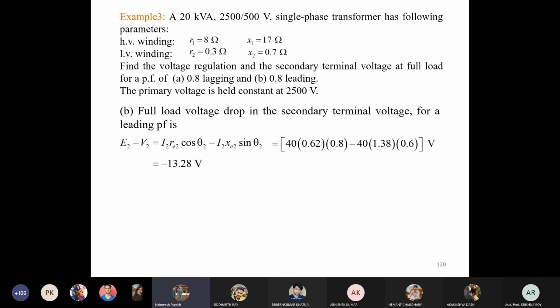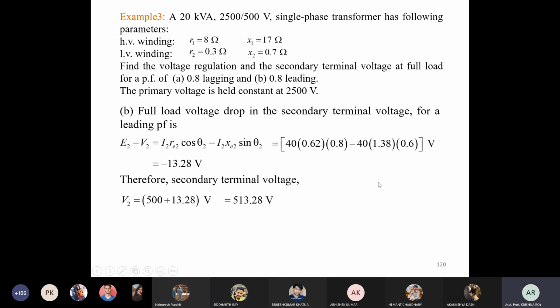Minus 13.28. Okay. Now calculate the terminal voltage V2. Obviously, it will be 513.28. Yes, and then voltage regulation. 0.02656.